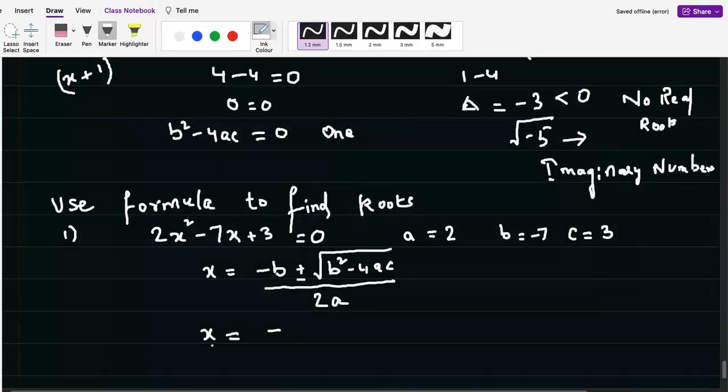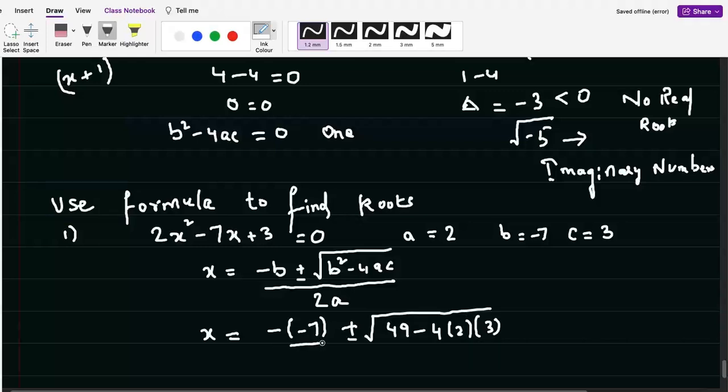I have got the value right: negative of negative 7, plus or minus under root b square, which is negative 7 square, negative into negative is positive 49, minus 4ac, whole divided by 2 times a, 2 times 2.